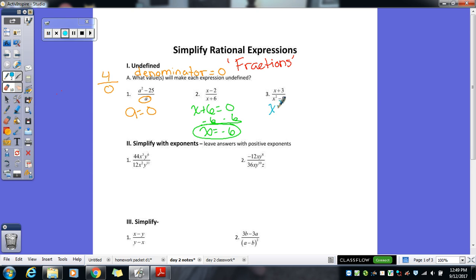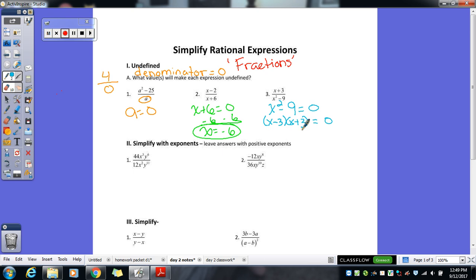So for this last one, x squared minus 9, again, take your denominator, set it equal to 0. This is what we spent all last class doing, x squared minus 9. What do we do to solve it? Dots. Good, Cyrus. What does this come into? x minus 3, and then x plus 3.